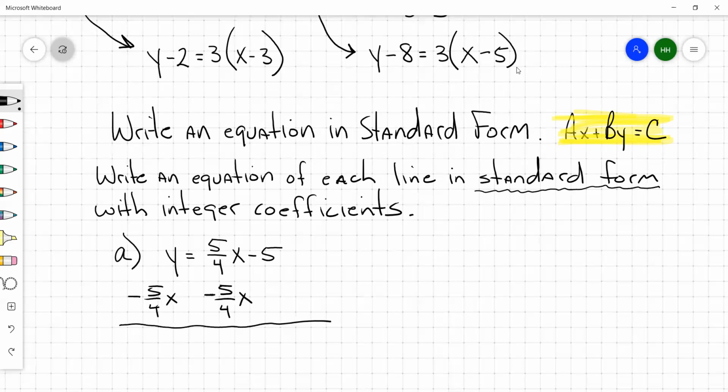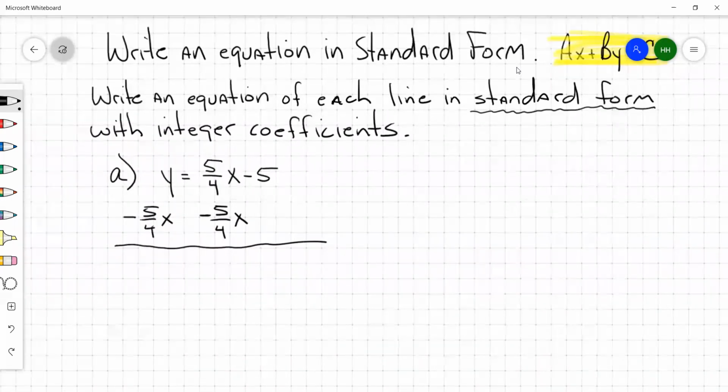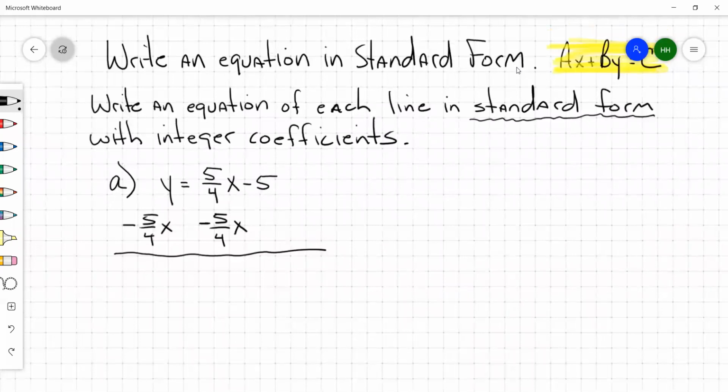So on this left-hand side, you're just doing some manipulation. If you're subtracting 5/4 x from each side and you need it to look like this, we need whatever's in front of the x to go first. So we take our negative 5/4 x, we write it first. And then we need what's in front of the y to go second, right next to it, to the right of it.